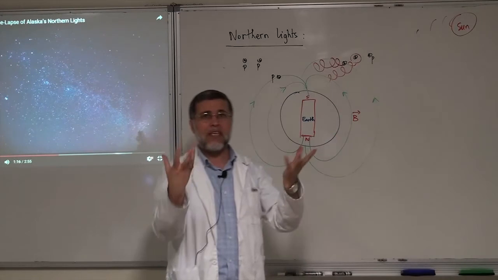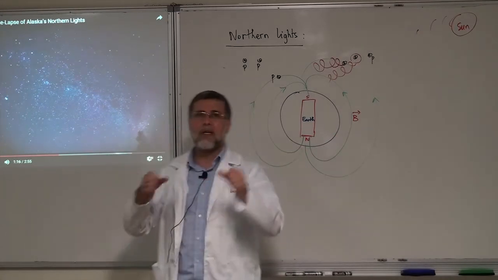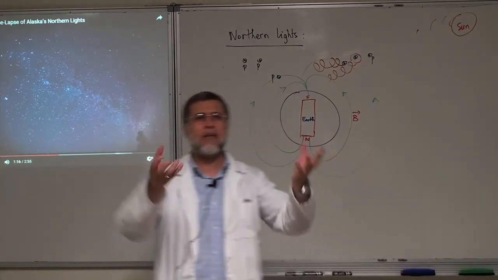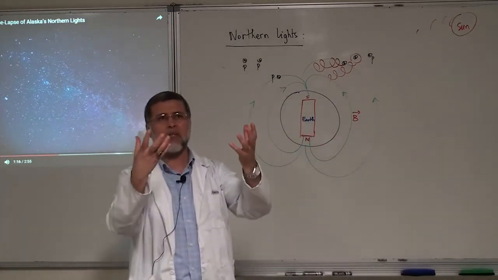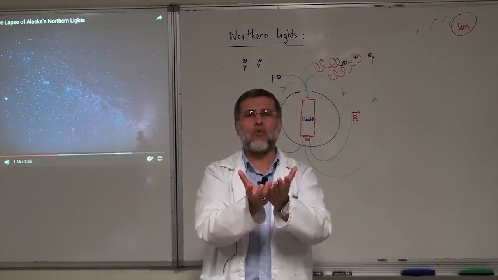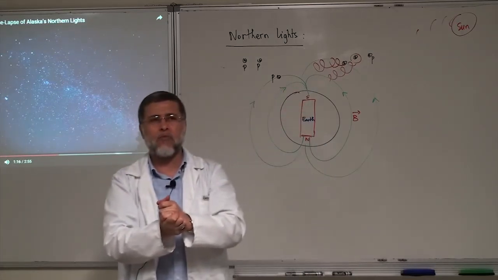So these lights are emitted due to the fact that the air molecules are ionized, and then they form what we call a plasma. Then the electron comes back and the atoms go back to their stable configuration.